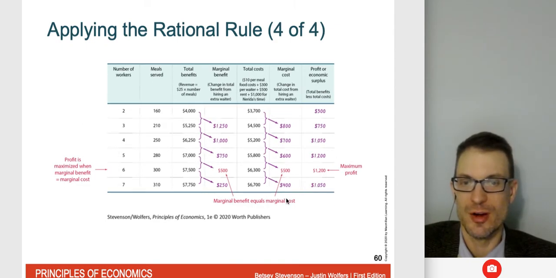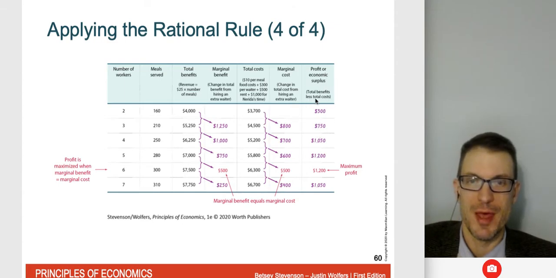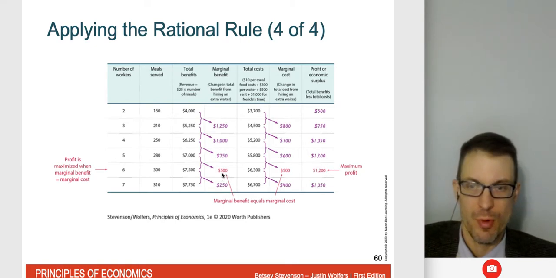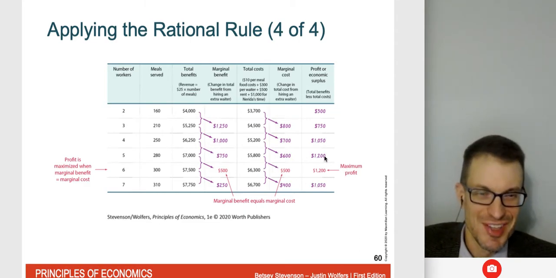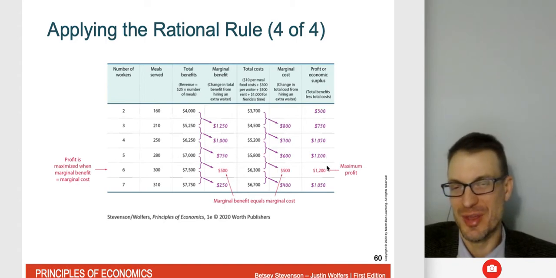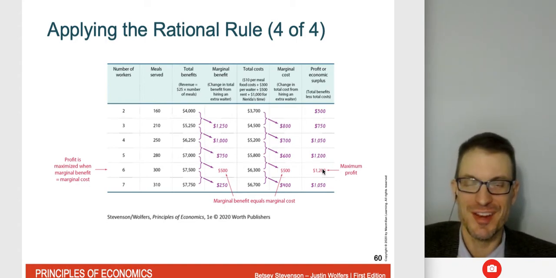And we'll see that here, right? This is just taking profit or surplus as benefits minus costs. And so profit is maximized right here at the point where marginal benefit equals marginal cost. Now, we see it says 1,200 right here. There's a mathematical reason for why that's the case, but the maximal profit is indeed 1,200.